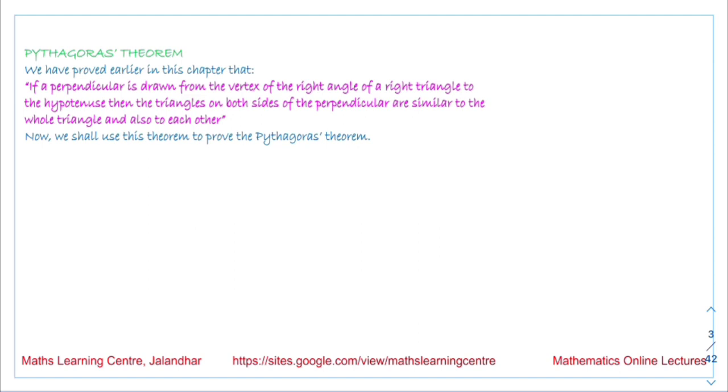Earlier in this chapter, in the previous lectures, we have studied this result: if a perpendicular is drawn from the vertex of the right angle of a right triangle to the hypotenuse, we are talking about a right angled triangle, and a perpendicular is drawn from this vertex on the hypotenuse, then the triangles on both sides of the perpendicular, this triangle and this triangle, are both similar to the whole triangle and to each other.